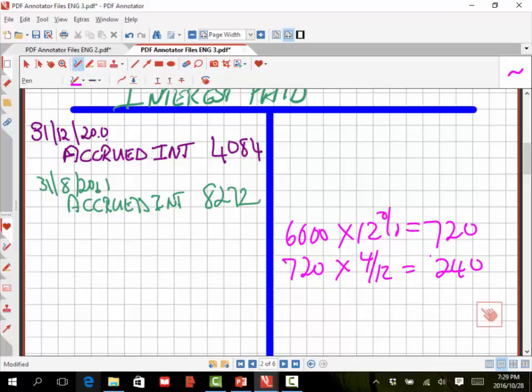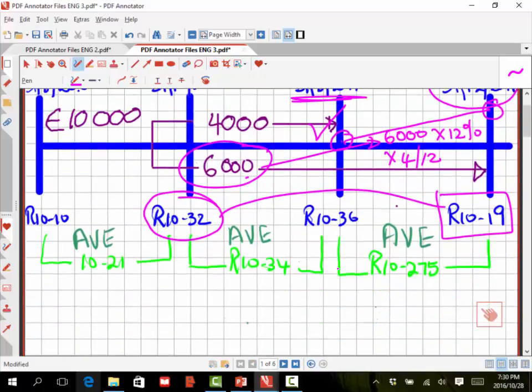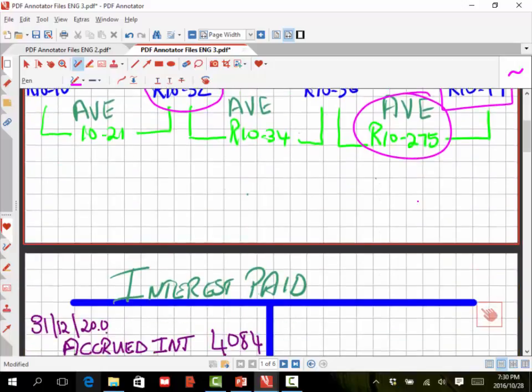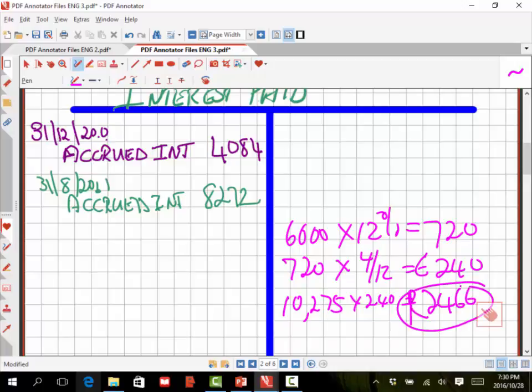Now that 240 is euros outstanding, and so therefore we must look at the average rate for the period to calculate the interest, and 10.275 times 240 equals 2,466, and that is the interest that has accrued for that period.